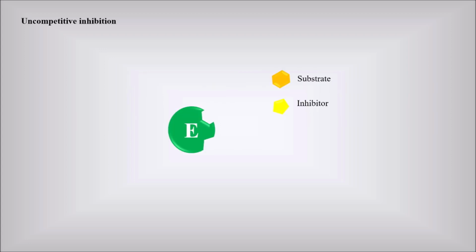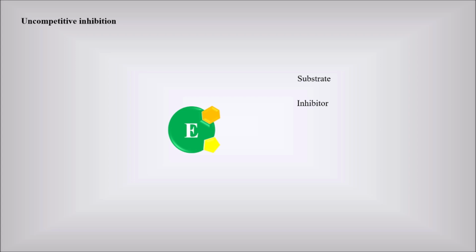In the competitive inhibitor, we saw that the substrate and inhibitor were binding to the same site. But in the case of uncompetitive inhibitors, first the substrate will bind to the enzyme and form the enzyme substrate complex. After that, the inhibitor will bind to the enzyme substrate complex and inhibit it from breaking down into the required product.